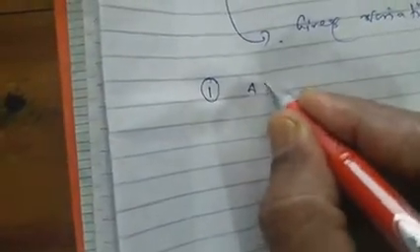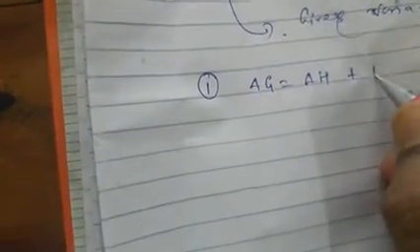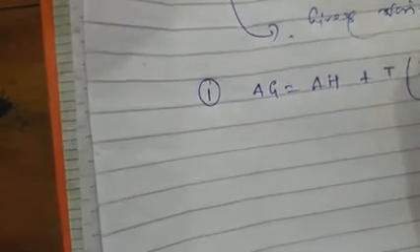There are many forms of Gibbs-Helmholtz equation. The first form is delta G is equal to delta H plus T into delta G by delta T at constant pressure.